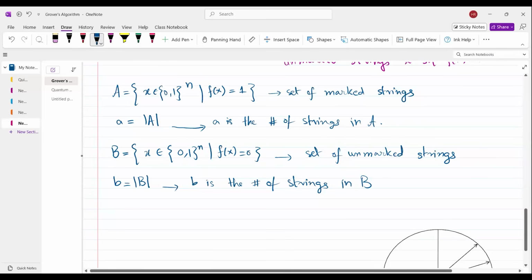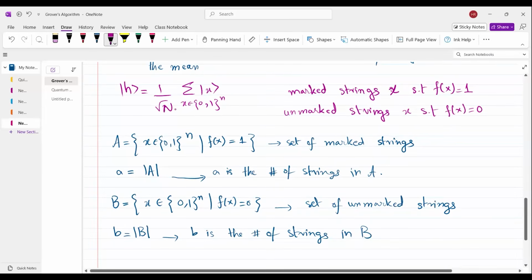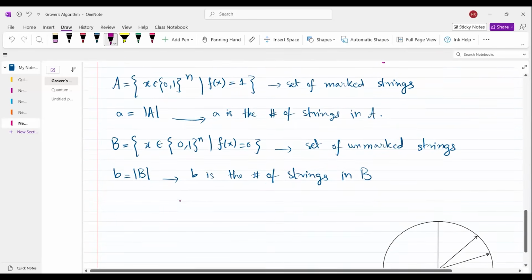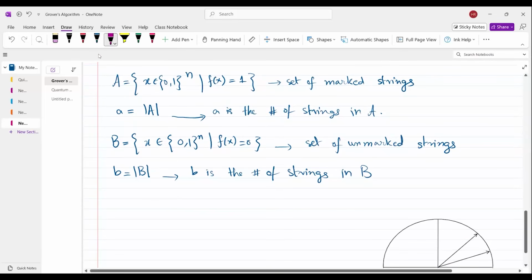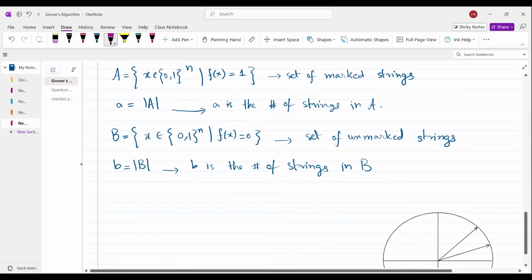Now, once we have defined these two sets, we can restate, we can represent this H in terms of the sets A and B, right? And how exactly do we do that? First, we need to represent it in the ket notation, right?